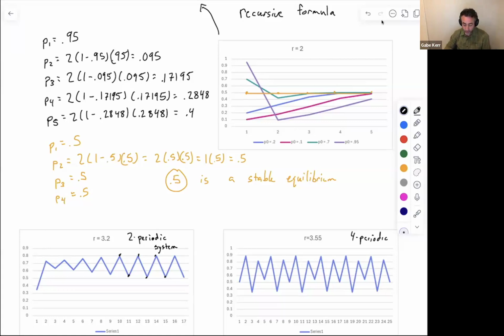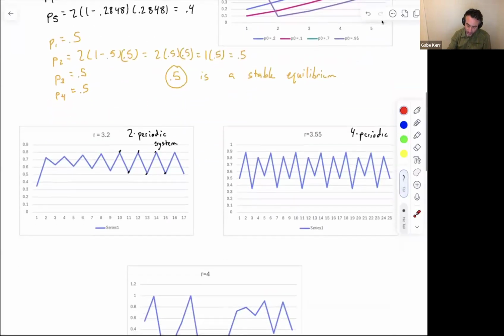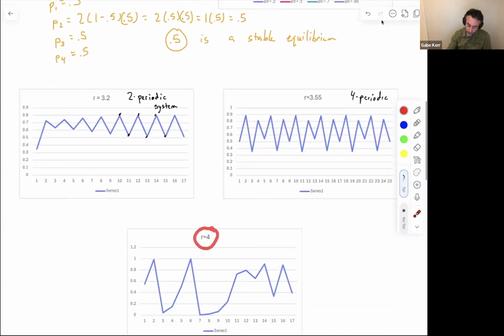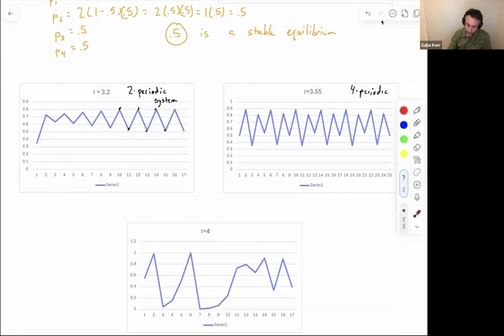That's very interesting too. If you increase r even more, say to r equaling 4, you get a very strange looking system. It doesn't seem, as you plot it out, to really be going anywhere. It seems to go all over the place.